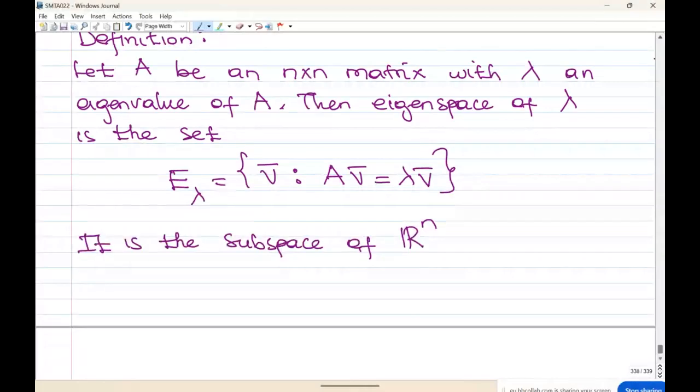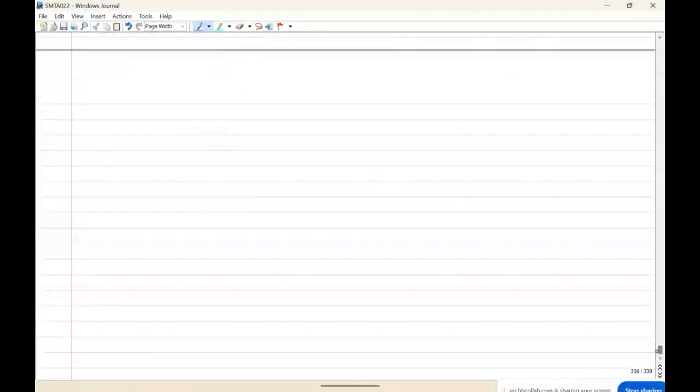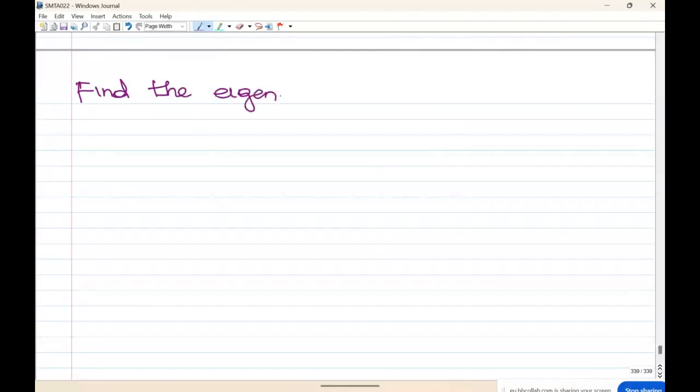Can I get a yes from you, colleagues? Everything is fine? Yes, sir. This one, I don't want to repeat myself, but I don't think you are going to have a problem. Please check this one. This is a common example. Find the eigenvalues of A. After eigenvalues, you must find the eigenvectors.